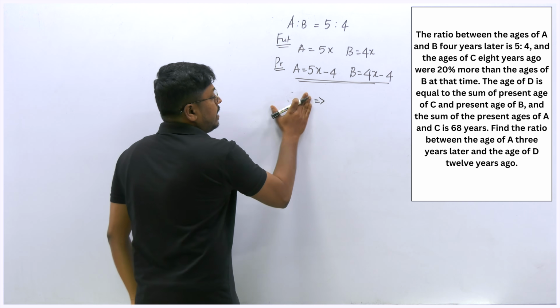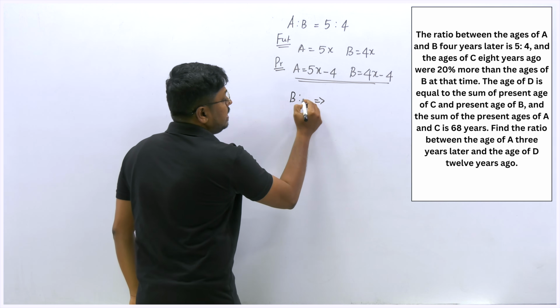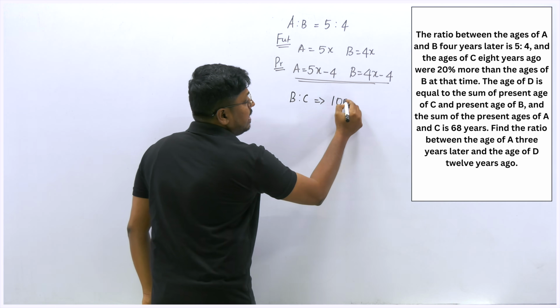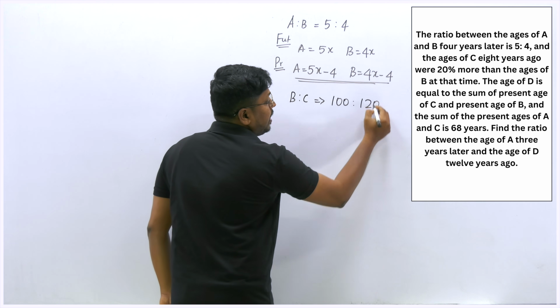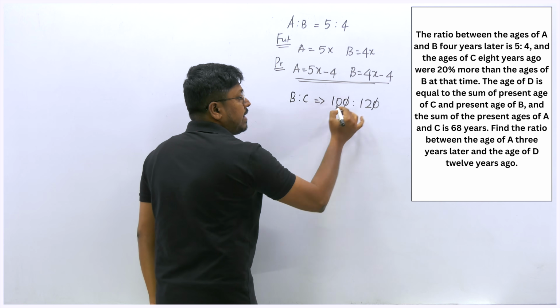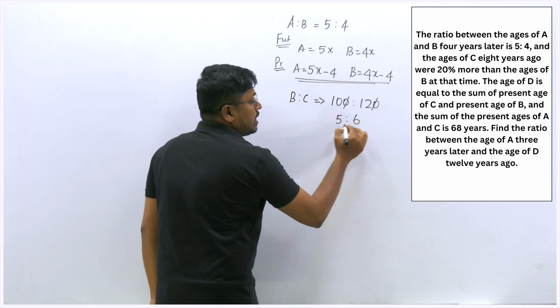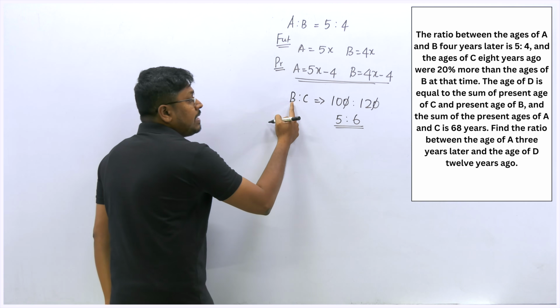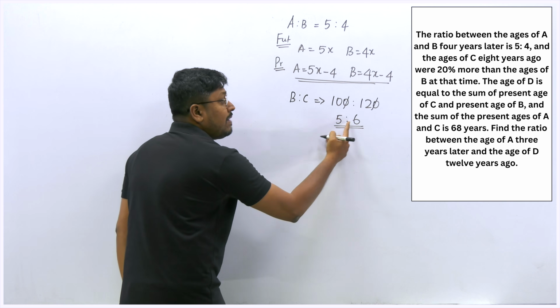So I can take B is to C as, if B is 100, what about C? C will be 120 because 20% more. So we can cancel this, 5 2s are 10, 6 2s are 12. So finally, we got the ratio B is to C is 5 is to 6.